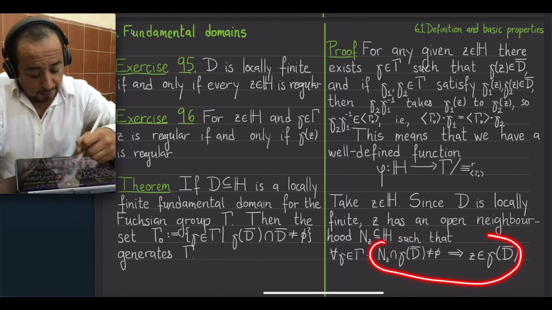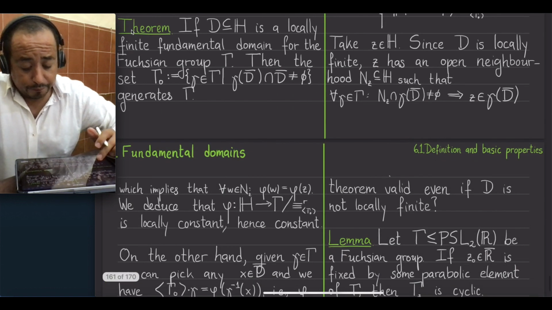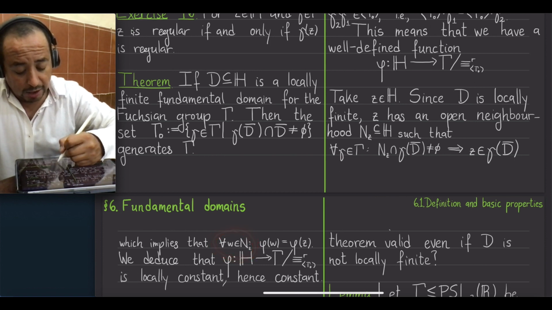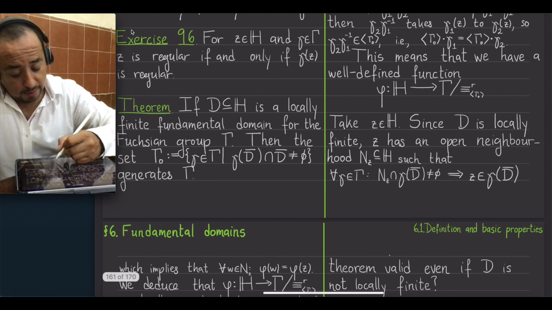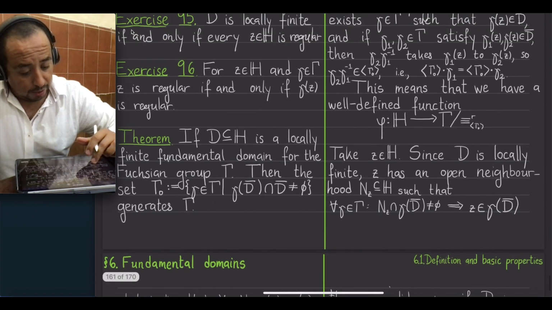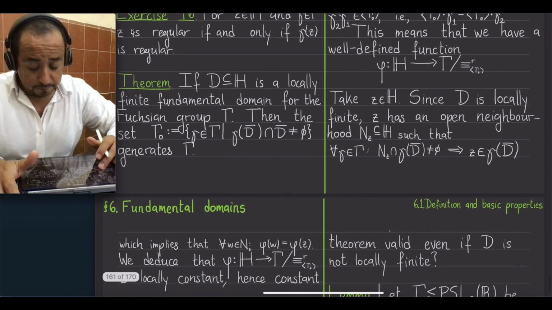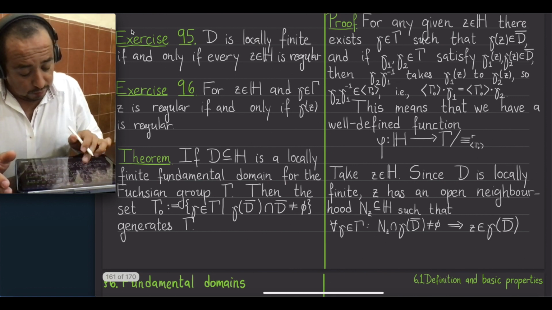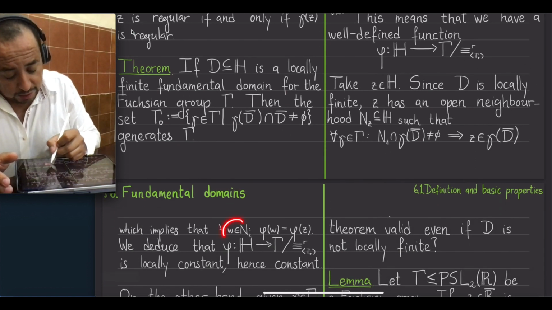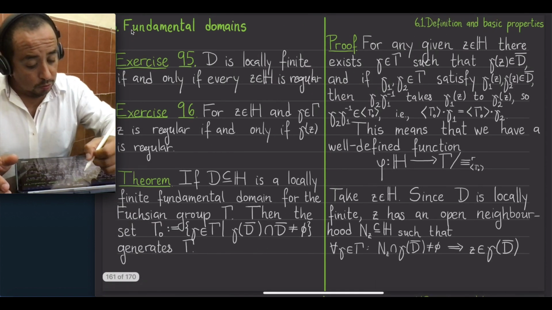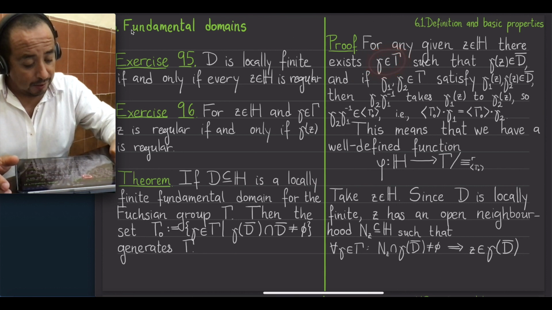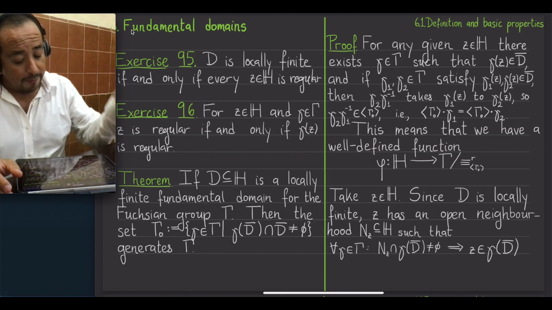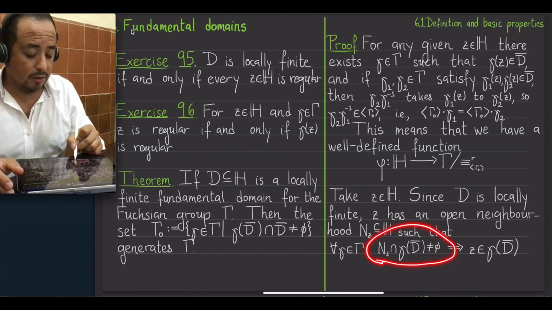Okay, so we have this. And what you see, for every element in this neighborhood, I actually have this, right? For any W in NZ, when you look at the gamma that takes it inside the bar, you see the gamma inverse actually has this property, right?